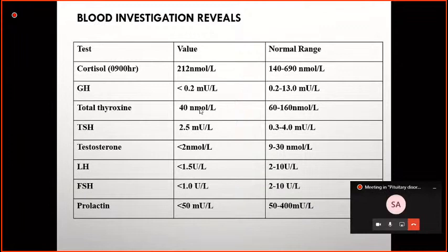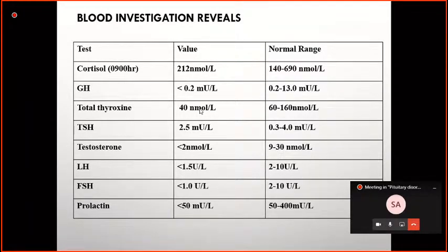So there might be some decrease in TSH to the extent that your total thyroxine is low, but because of enough reserve and inhibition of the negative feedback, your TSH is normalized.